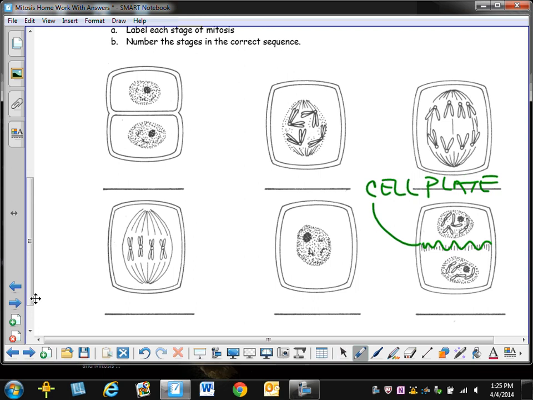So it kind of starts right here, then it moves a little ways this way, moves a little ways this way, until it gets across here. It creates a new cell wall, and then you've got two cells, and it starts all over again. And as it builds, it slowly pushes out.